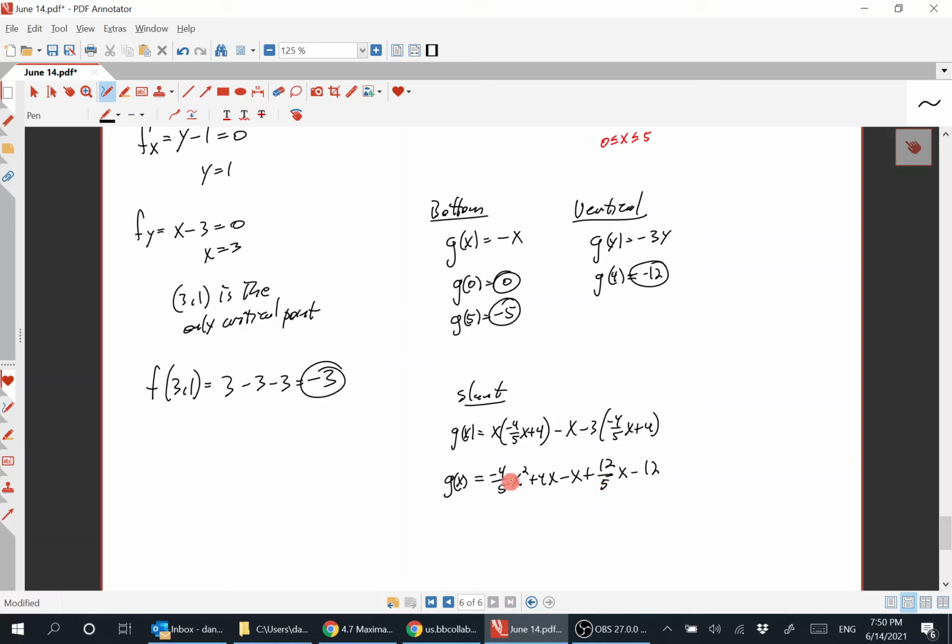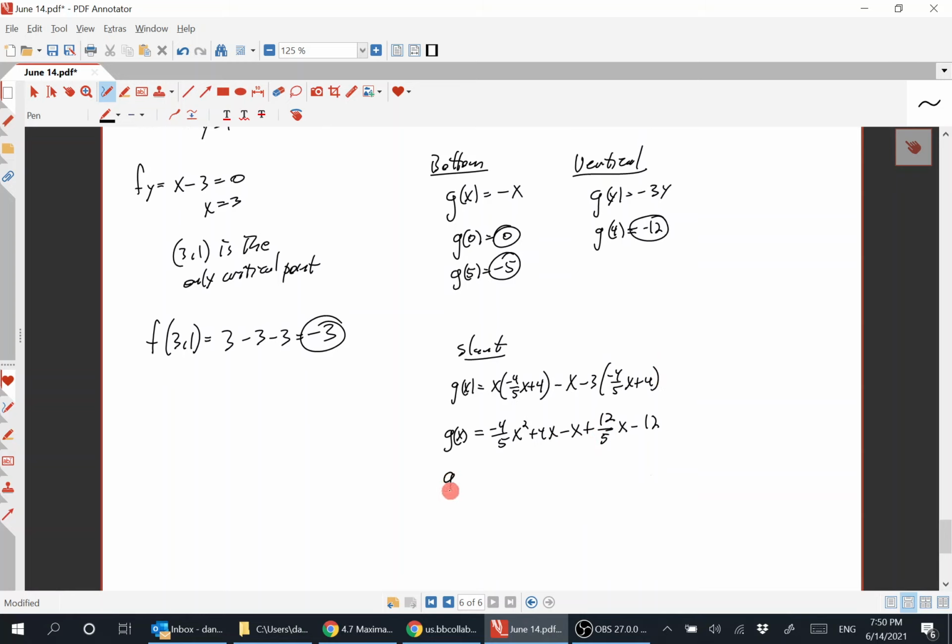So 4x minus x is 3x, which is 15x over 5, so it's 27x over 5. So g of x is minus 4/5 x squared plus 27/5 x minus 12.